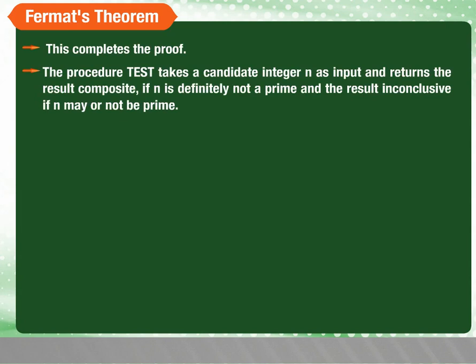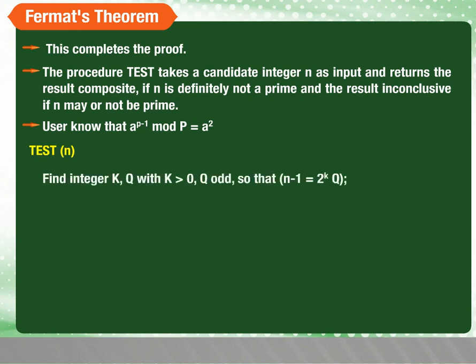The procedure test takes a candidate integer n as input and returns the result composite if n is definitely not a prime, and the result inconclusive if n may or may not be prime. Test of n: Find integers k, q with k greater than 0 and q odd, so that n minus 1 is equal to 2 power k into q.